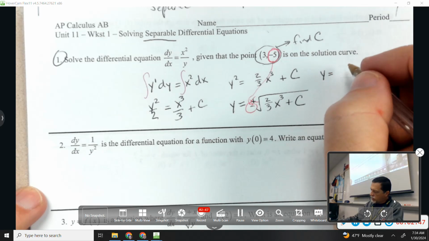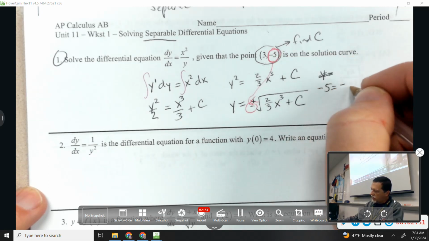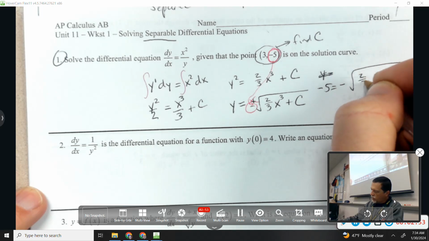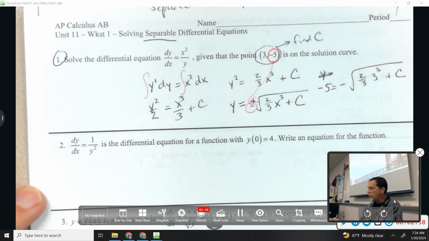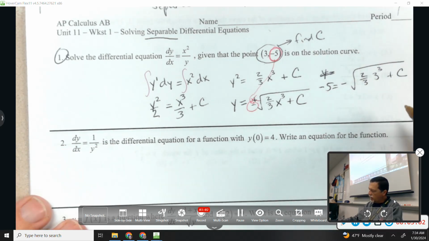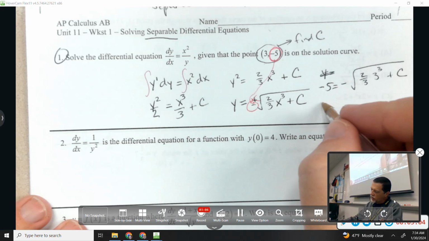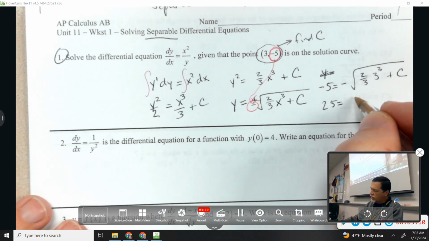So y equals, well actually let's just go ahead and plug it in. -5 equals negative square root of 2/3 times 3 cubed plus c. Let's see. So we could square both sides. 3 cubed is 27. 2/3 of 27 is 18.